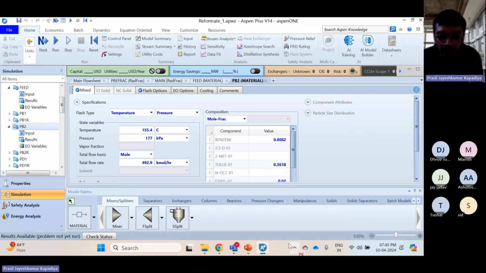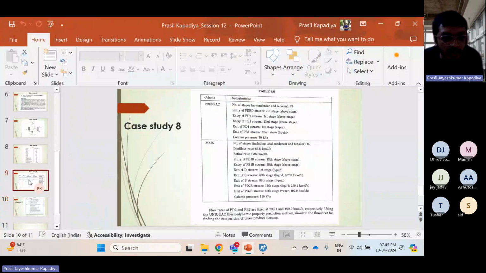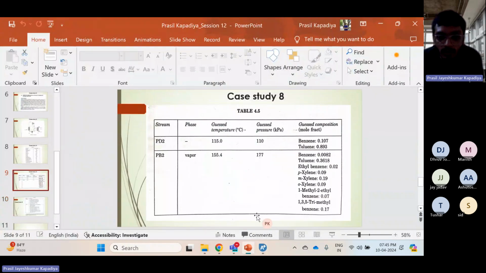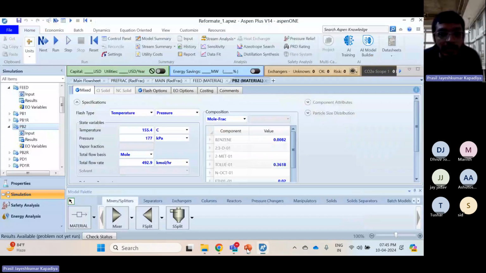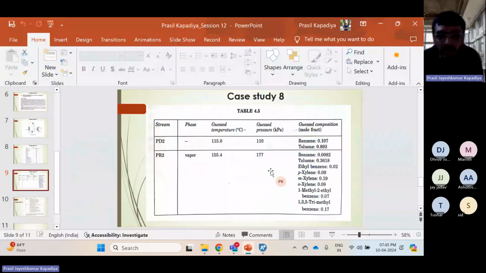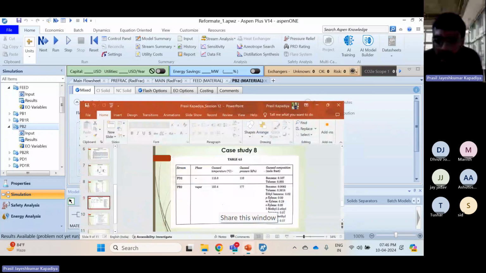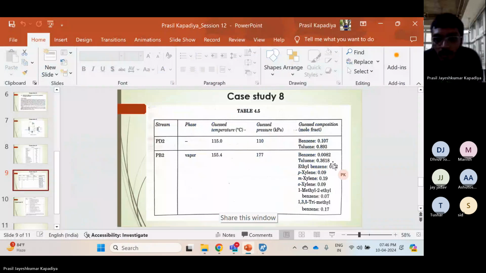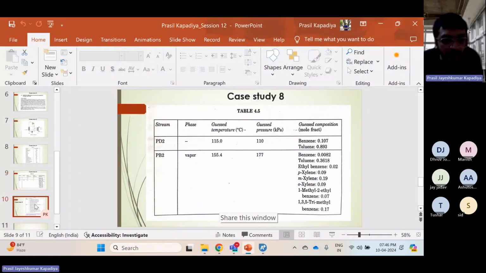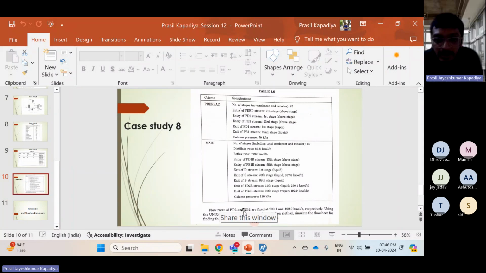For the PB2 stream, the temperature is 155.4 and pressure 177 kilopascal, and these molar fractions. So these two values, molar fractions and some flow rate. Flow rate is not given here, but it is mentioned here: PD2 and PB2 streams are fixed at 290.1 and 492.9 kilomoles per hour.